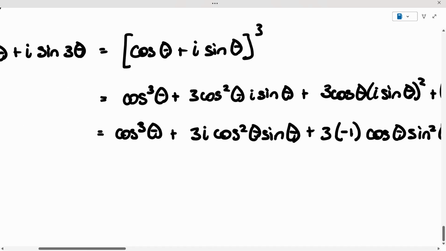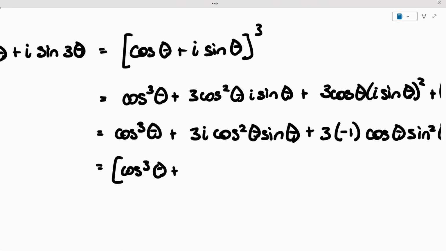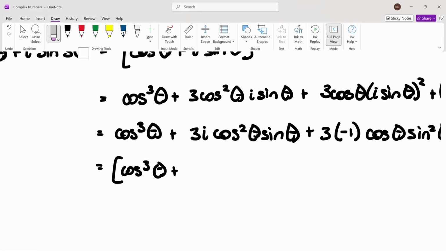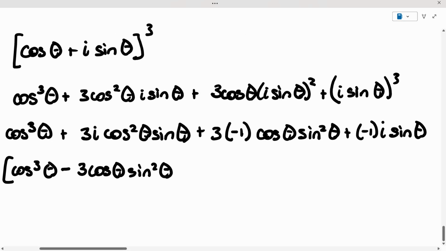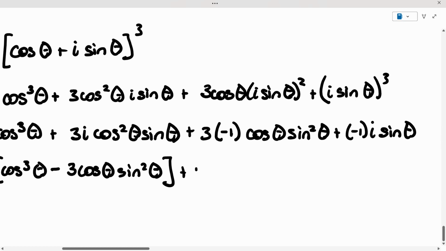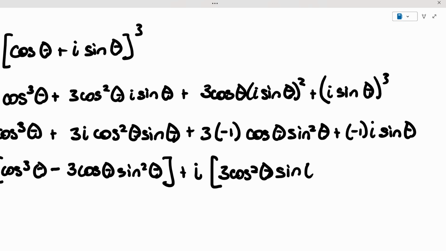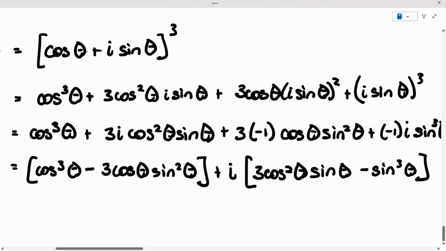Right, so if we group this now, we have cos cubed theta minus 3 cos theta sine squared theta, right, plus i times 3 cos squared theta sine theta minus sine cubed theta, sine to the power 3.